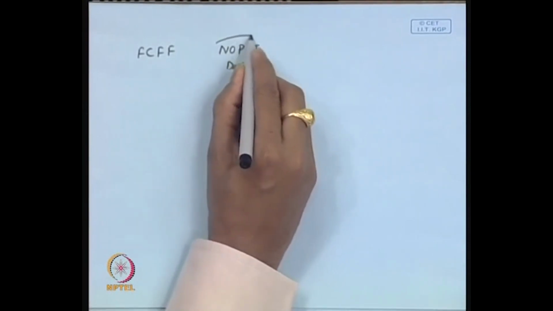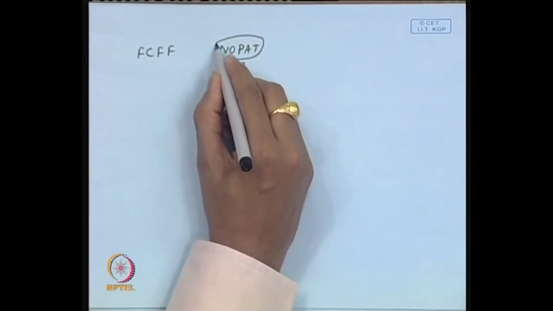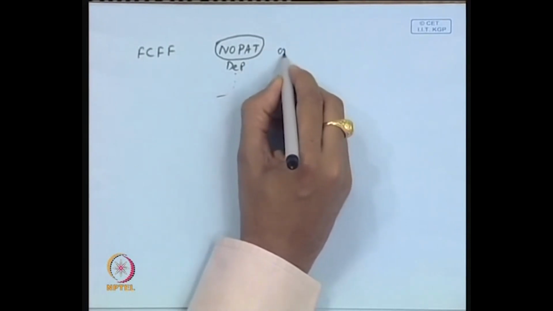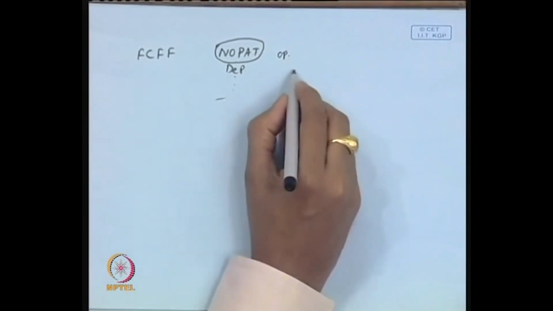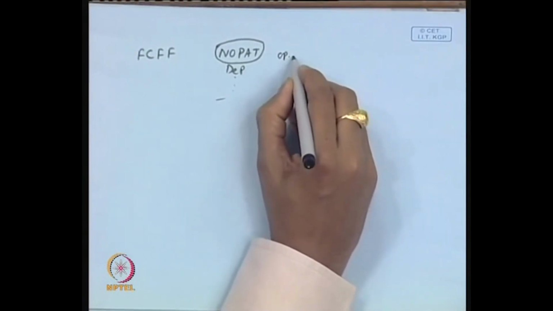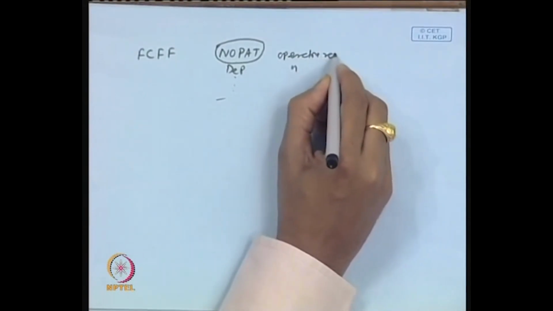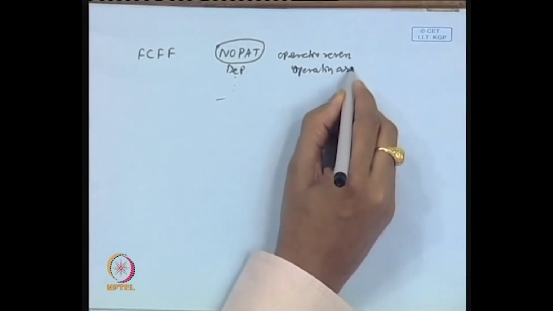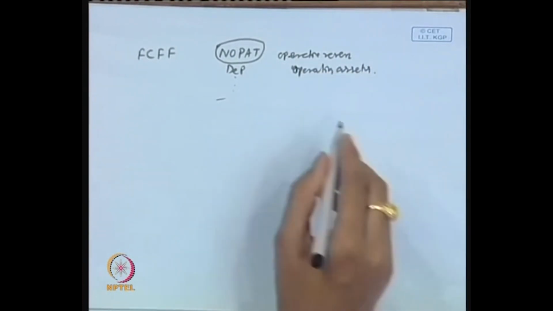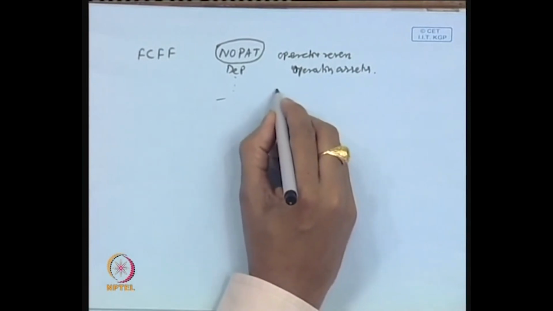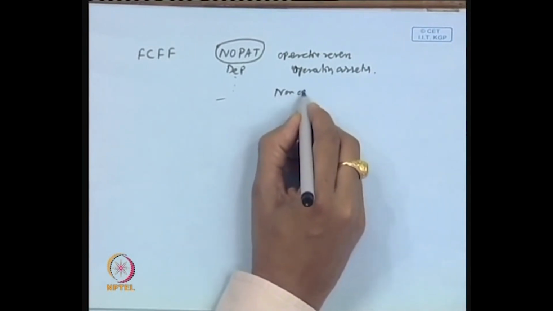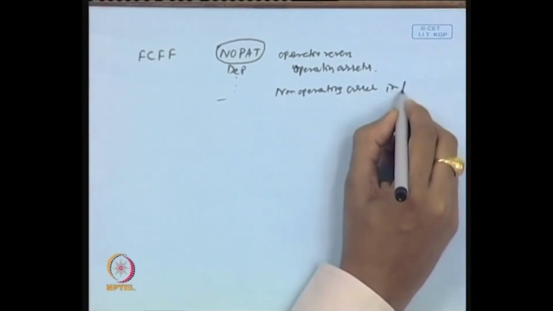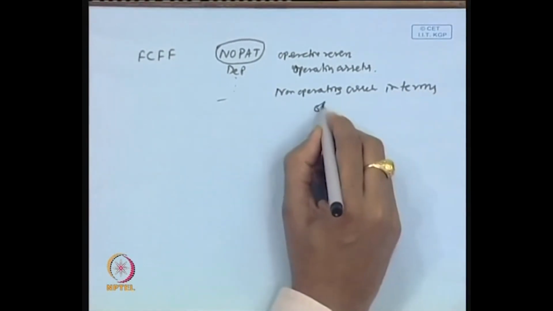So, this particular profit is based on the operating revenue, which is driven by operating assets, but it is quite possible that the company has got certain non operating assets in terms of excess cash.